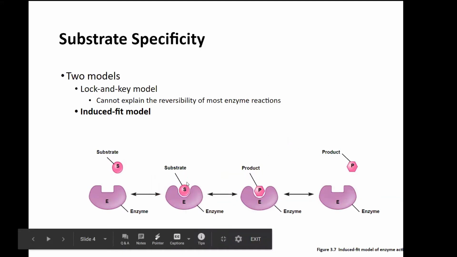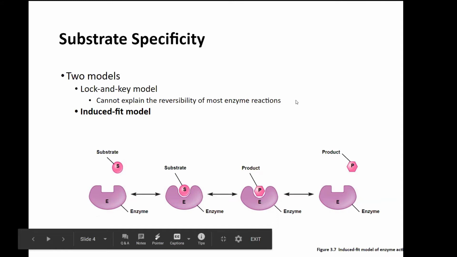So via the induced fit model, this active site slightly changes shape to allow this reactant, this substrate, to bind on. And then our reaction happens, the reaction we were thinking about, and we get our product. The product gets released. This enzyme goes back to that original shape. So that's the induced fit model.